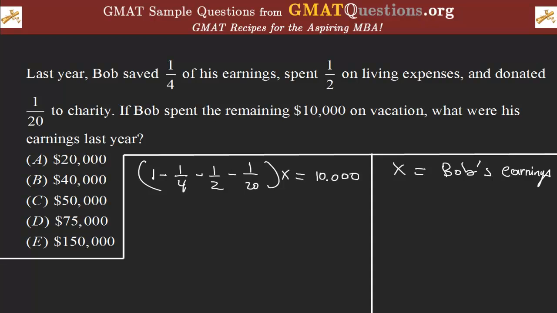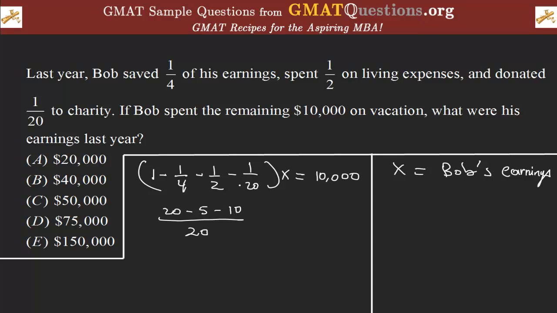Okay? So we need to figure out what is the resulting fraction by putting 20 as a common denominator. Obviously, I hope you know how to deal with fractions. If 20 is a common denominator here, we need to have 1 times 20 here, which is 20. 4 times 5 gives you 20, so we need to have minus 5, minus 10.